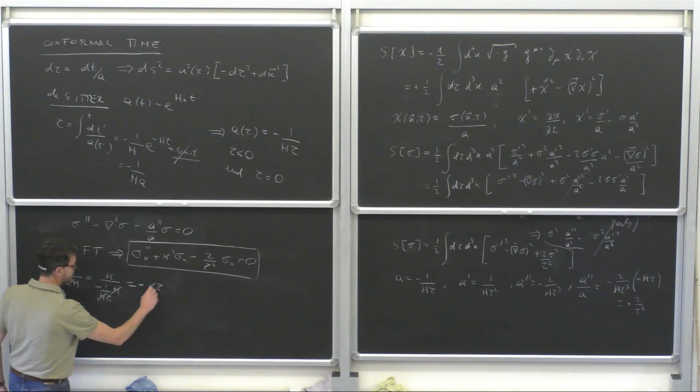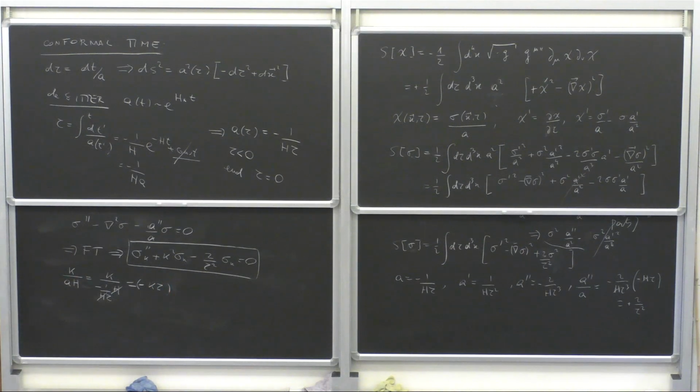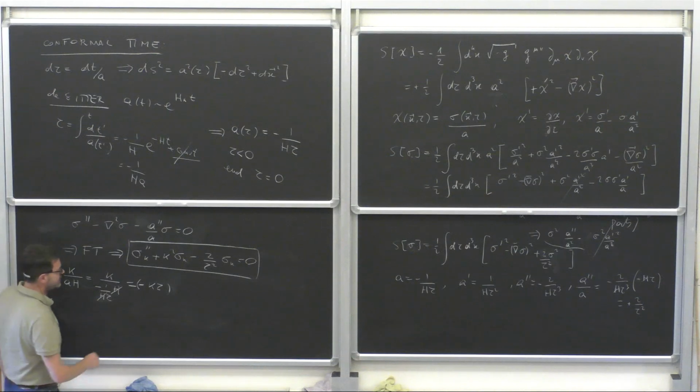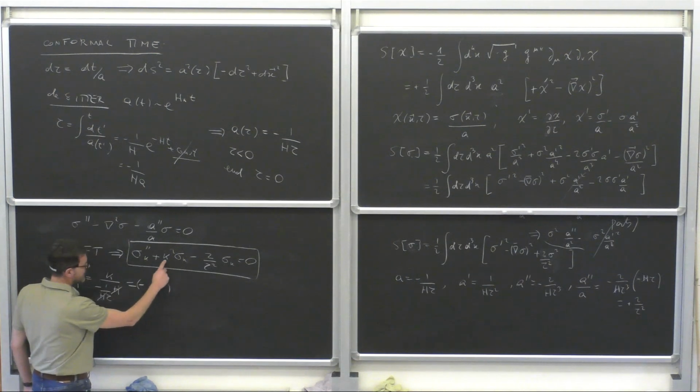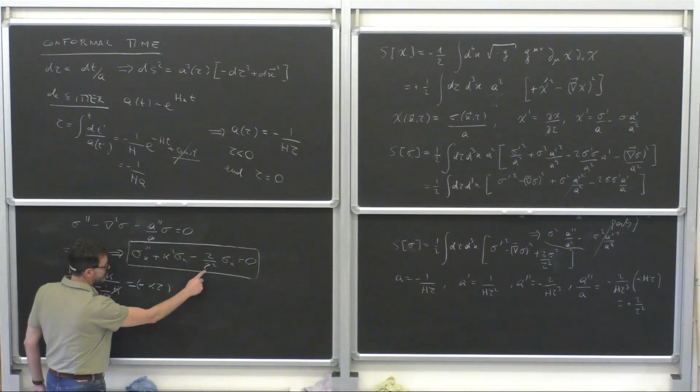Remember, the tau is negative, so there must be a minus sign here. Okay, so that is the ratio between the comoving momentum and the comoving Hubble radius. And notice that exactly, you see, they enter in the combination k squared and tau squared.